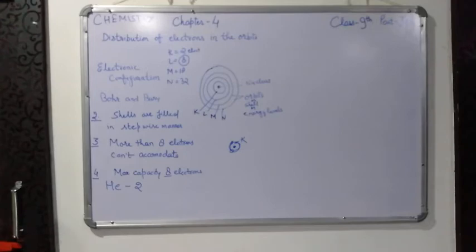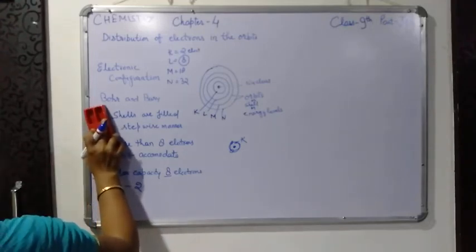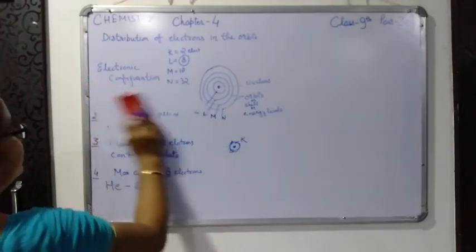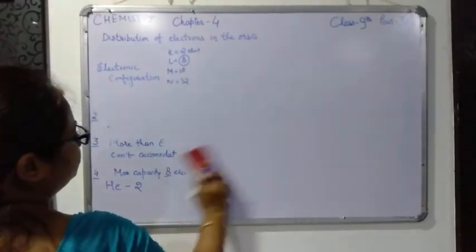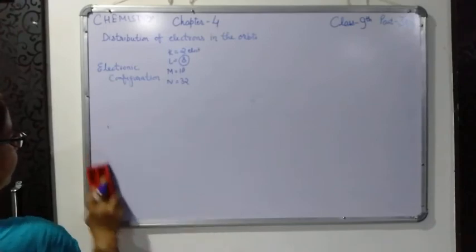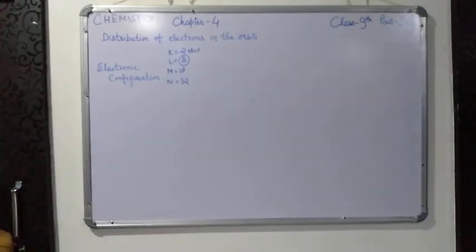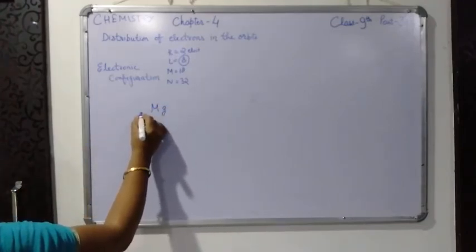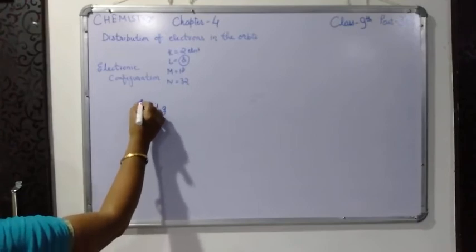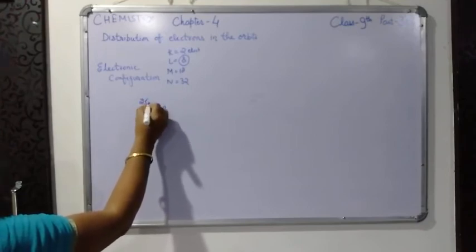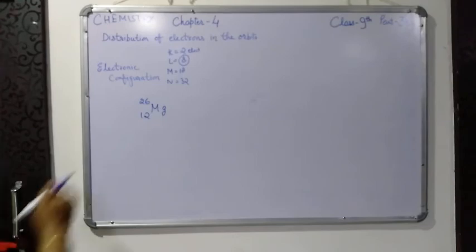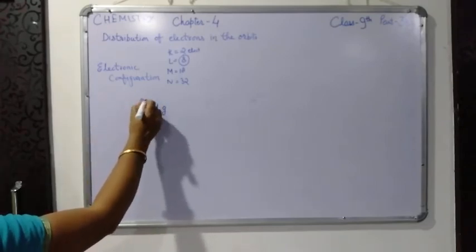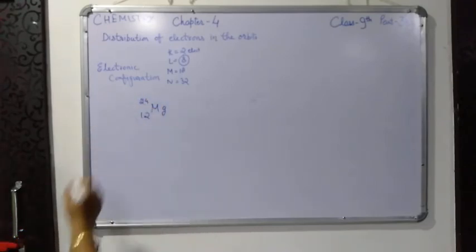Distribution of electrons in the orbit. One example is given here: structure of magnesium atom. Now all of you see, magnesium: mass number is 24, atomic number is 12.